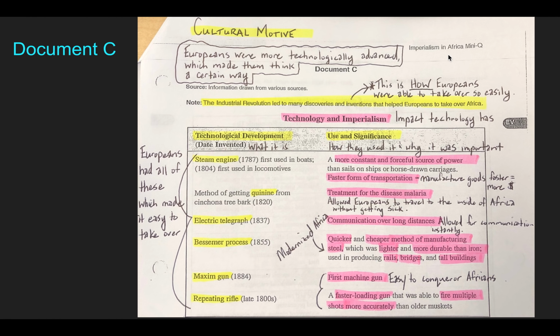And I've discussed before with document A that Africa is not unified. The only countries that remained independent were Liberia and Ethiopia because they fought together against the Europeans. All these other countries that were taken over very easily were taken over because they were fighting against each other.